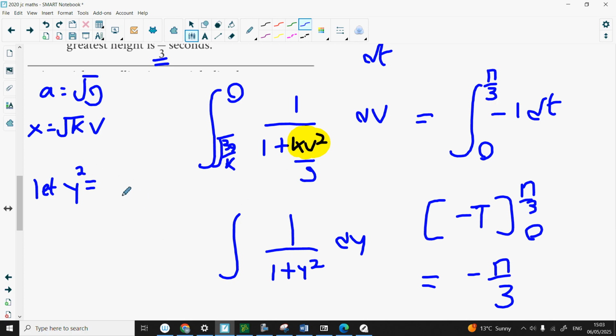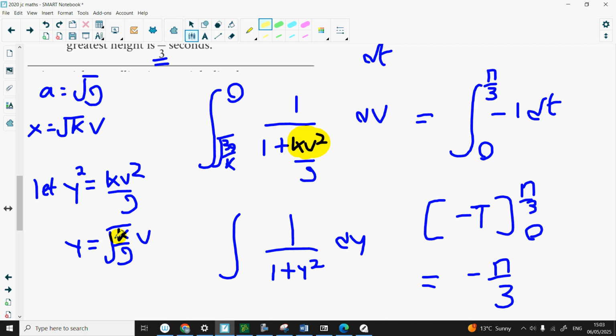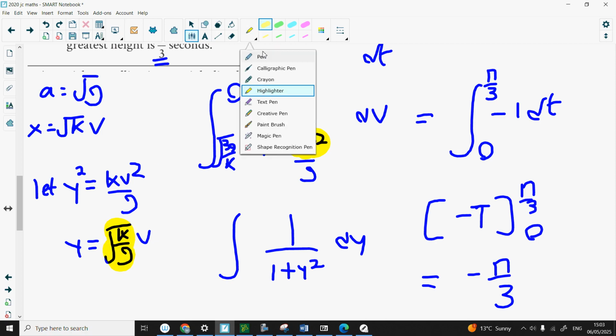So I'm going to say let y squared equal kv squared over g. And then when I square root the other side, y equals root k over g v. Okay? And then remember, this is a constant, by the way.